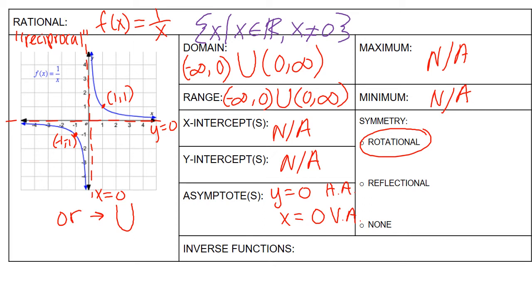Well, this is also. However, make a note that it is the reciprocal of f of x equals x, aka your linear. It's its reciprocal function. Oh, sorry.